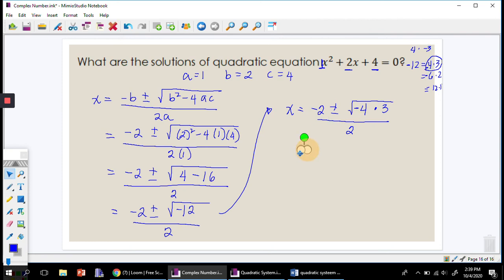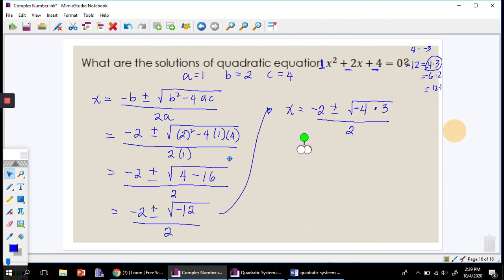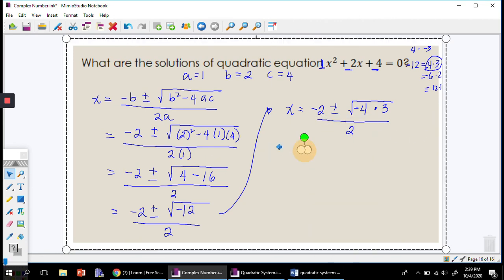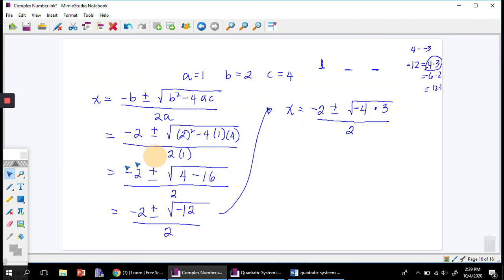Okay, so this is going to equal negative 2 plus minus the square root of negative 4, which is 2i, right? And you don't have a square root for 3, so I will just leave it inside the radical symbol, all over 2, right?